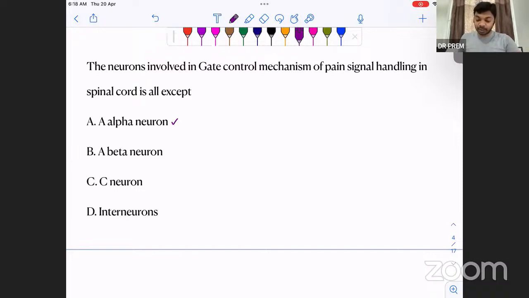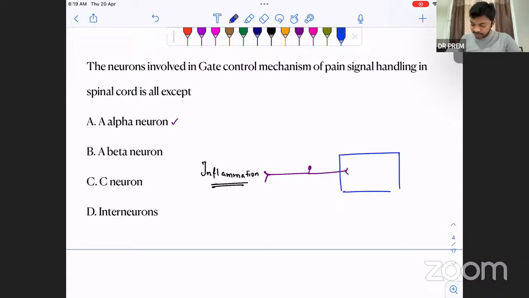Let's understand gate control theory. So what happens in the spinal cord? Now, let me take up two neurons. So there is a site of inflammation. And from this inflammation, we are going to have type C neurons, unmyelinated type C neurons, carrying the action potentials all the way to the pseudounipolar neuron in the spinal cord.